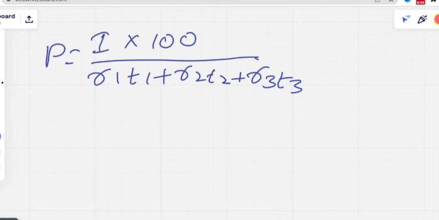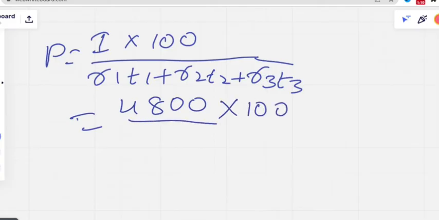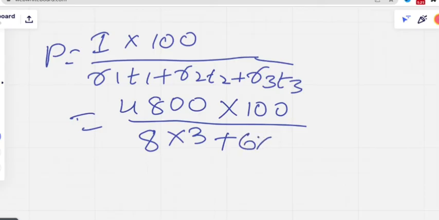So if we substitute as it is what is given in the question, 4800 into 100 by, the rate of interest for the first period is 8 for 3 years, 6 for the next 2 years, and R3 is 4 for the next 1 year.